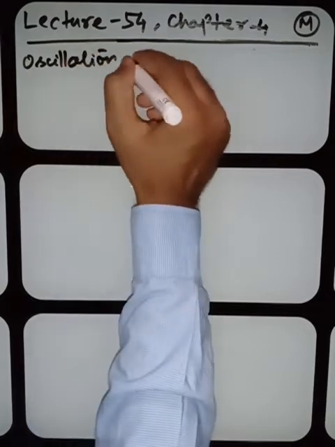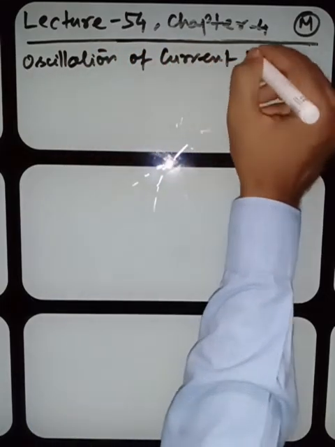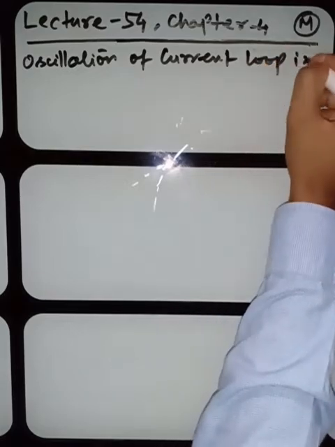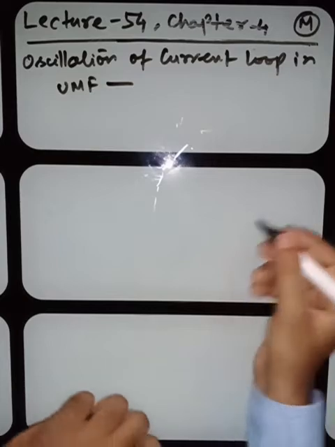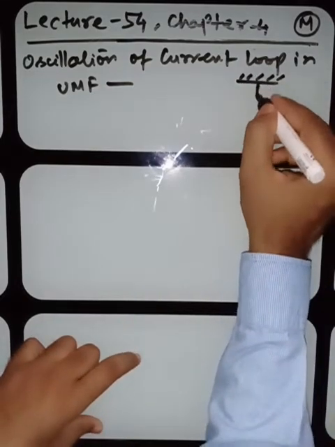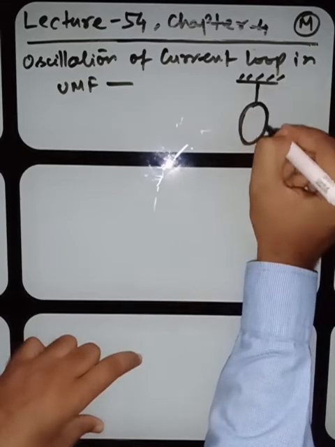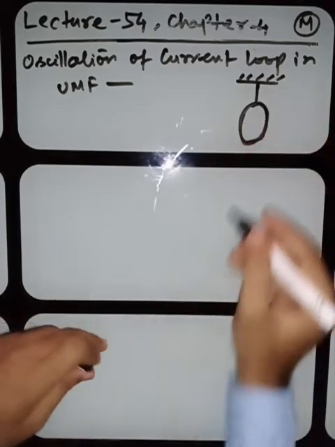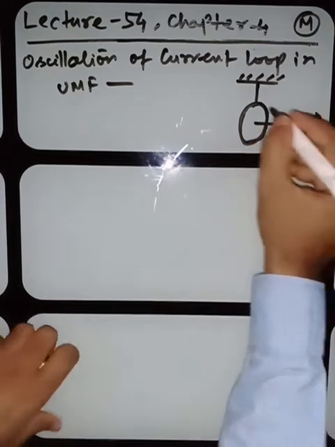Oscillation of current loop in uniform magnetic field. All right, a very simple thing: suppose you have suspended a coil like this one through which the current is flowing, and its area, the mu, is in this direction.